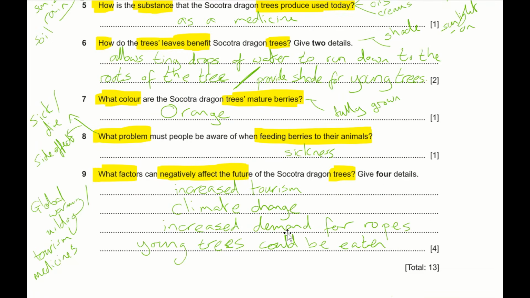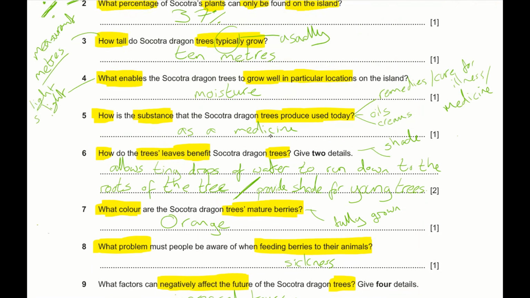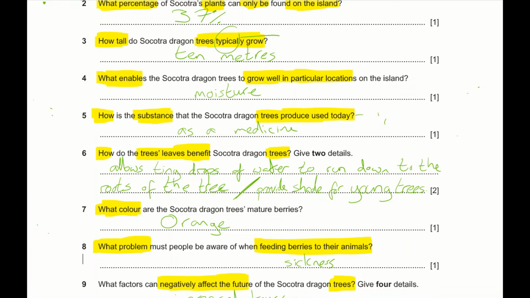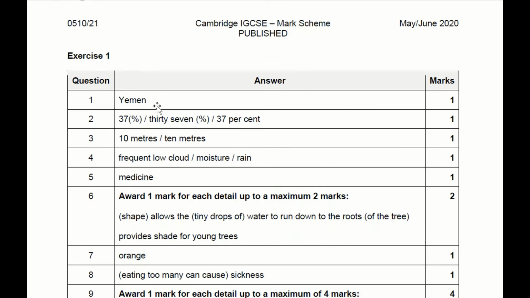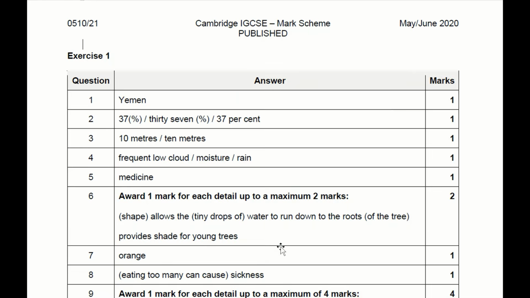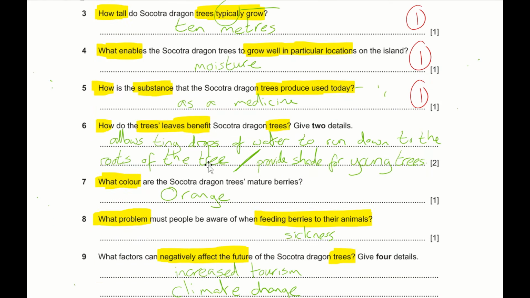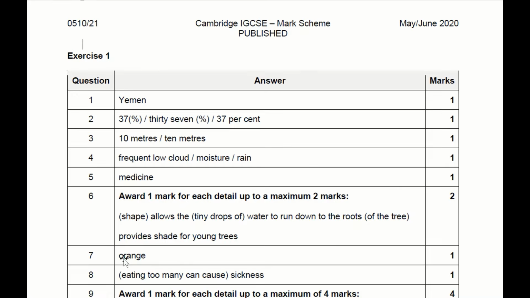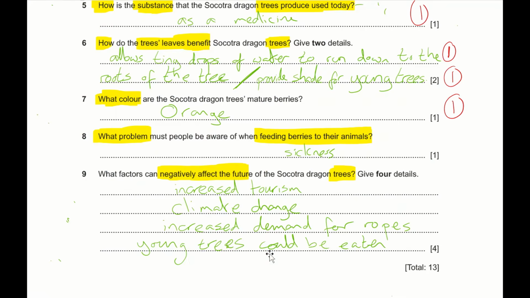Now let's see how our answers match up with the mark scheme. And there you have it.